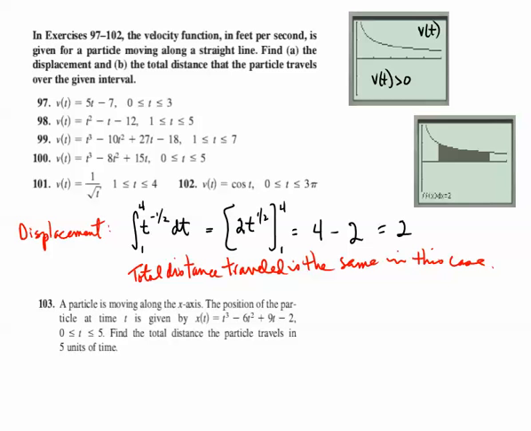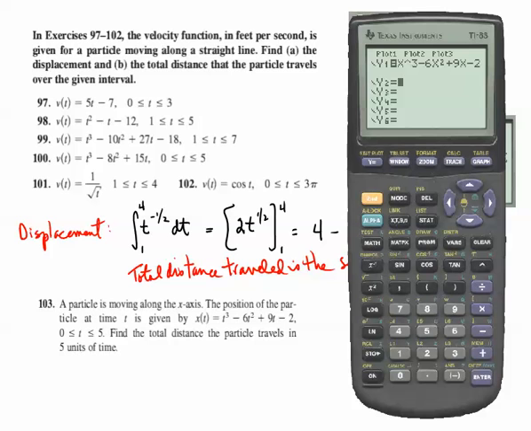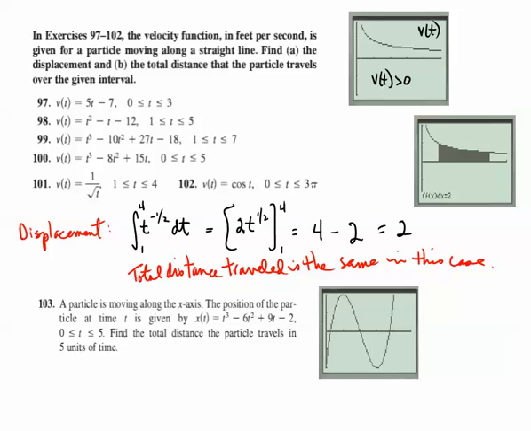So since we're only looking for the total distance traveled here, we'll just put that into the calculator like so. And let's take a look on the interval from 0 to 5. I think my window is already set up for 0 to 5. And we'll see what happens here. You can see that on the interval from 0 to 5, the velocity starts off being negative, which means that the particle is moving left.